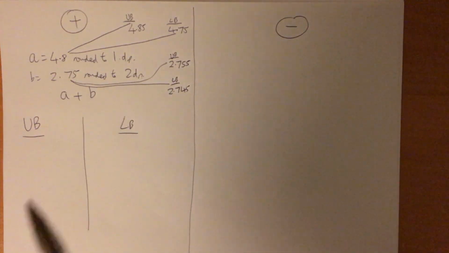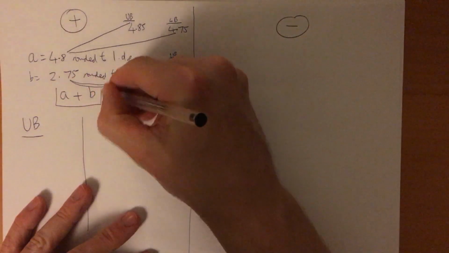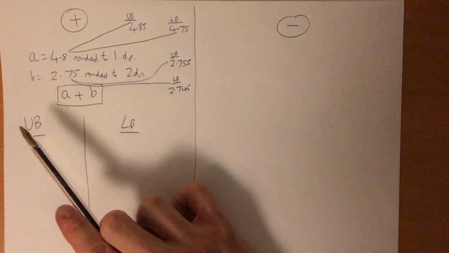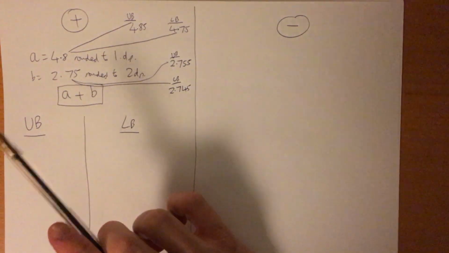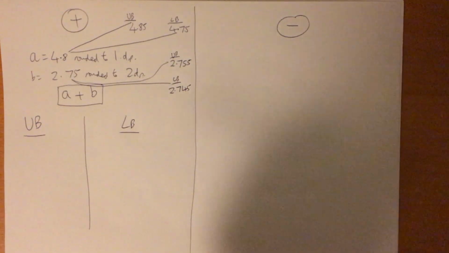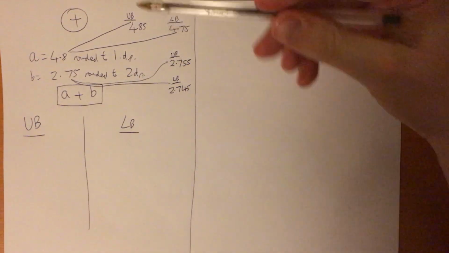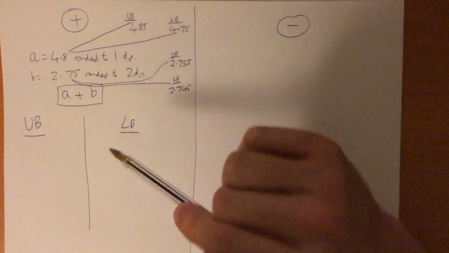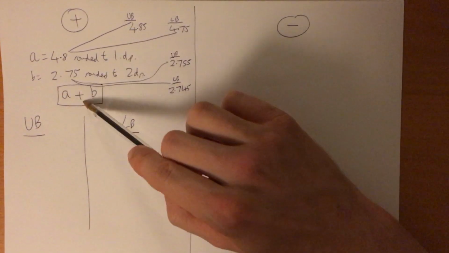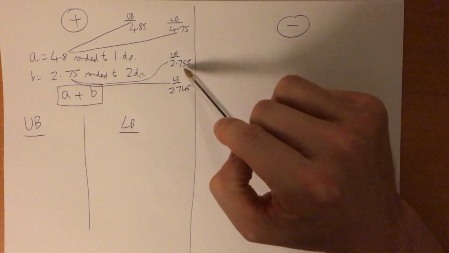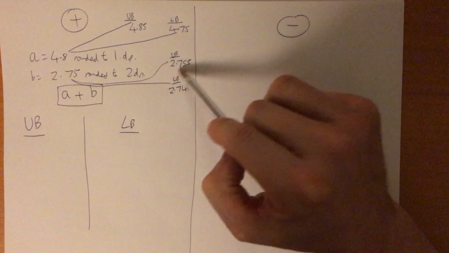Okay, now our objective here is to do a plus b. That's that plus that. But we want an upper bound answer. That means the biggest possible answer. So logically, when you're adding, to get the biggest possible answer, you need to have the biggest that 4.8 could be, which is 4.85, and you want to add it to the biggest b would be, which is 2.755, the upper bound of that.